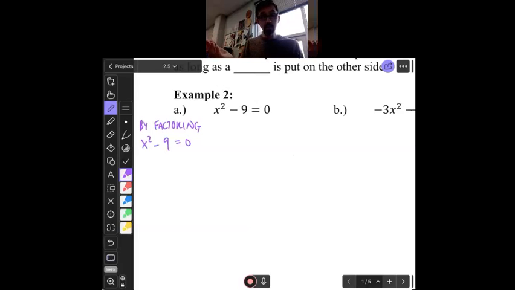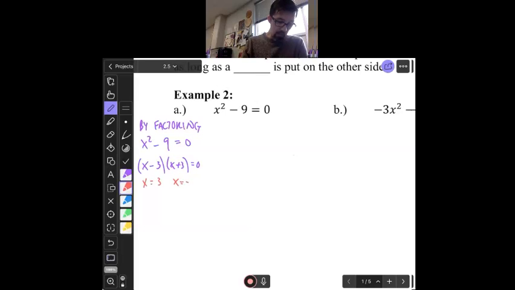I could technically do the AC method here, but we know a shortcut on the AC method for problems that look like this. The last one we said, well, as long as A is 1, there's a shortcut there. And even more specifically, if the problem looks like this, it's just difference of squares factoring. So now it's x minus 3 times x plus 3 equals 0. And then, of course, x would equal positive 3, and then x would equal negative 3.